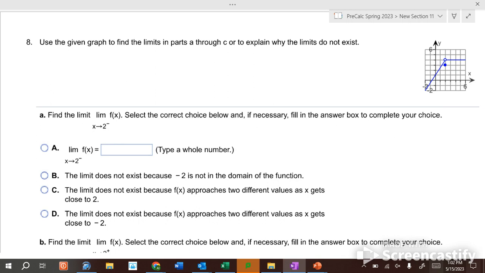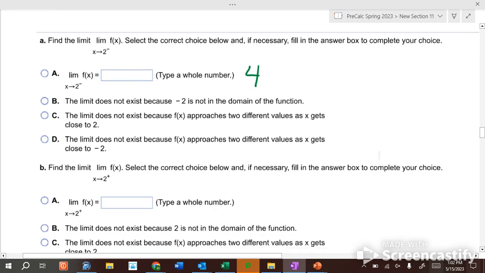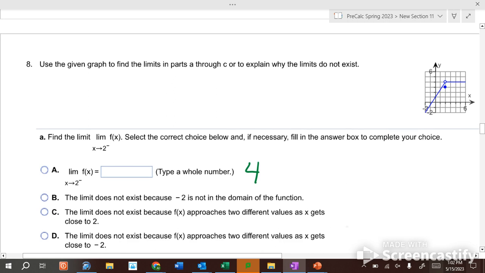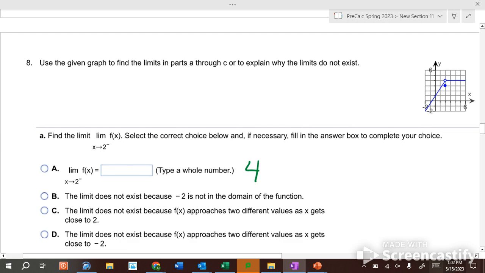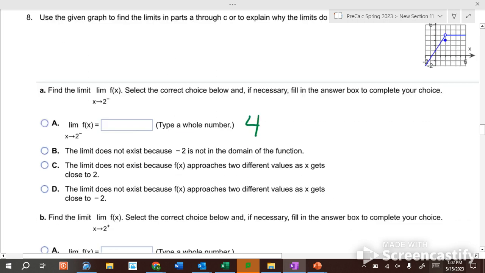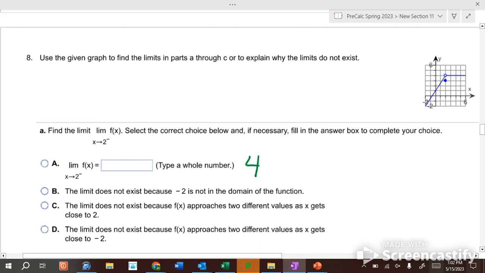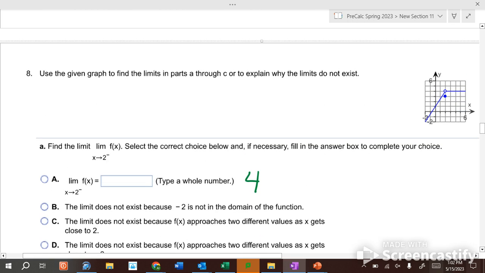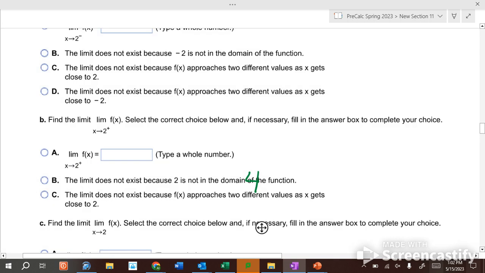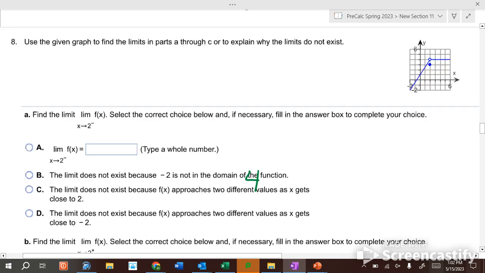Okay, here we go. Find the limit as we're approaching 2 from the left. As we're approaching 2 from the left, we go to 4. What's the limit as we go towards 2 from the right? 4. So what's the limit at 2? 4.